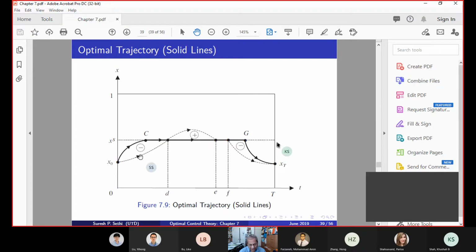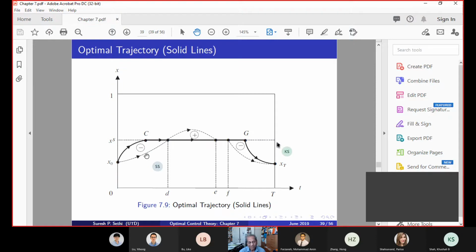Well, then we know that this trajectory crosses the other trajectory at this point, at this point, and this point. So now you see what happens. I want to compare this integral profit and the profit of this path. I already told you that if the integrand is negative, then the upper path is better than the lower path.